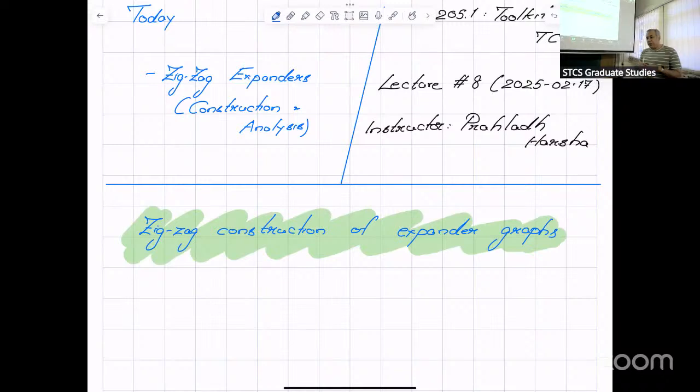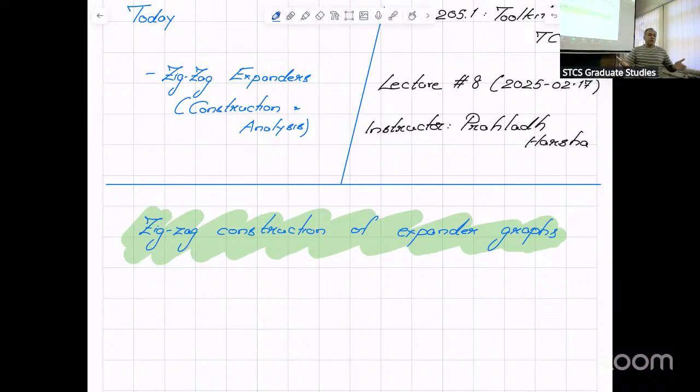And this will be a very computer science-ish construction, unlike the previous constructions, which were just based on some number theory facts. We will take a small expander graph, say a graph on 10 vertices, 20 vertices, and then we will build larger and larger expander graphs.